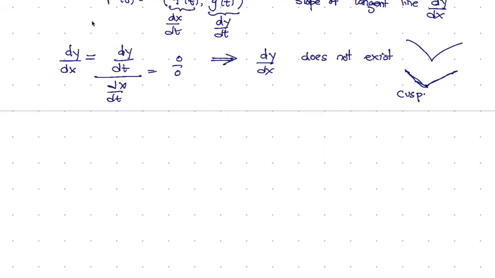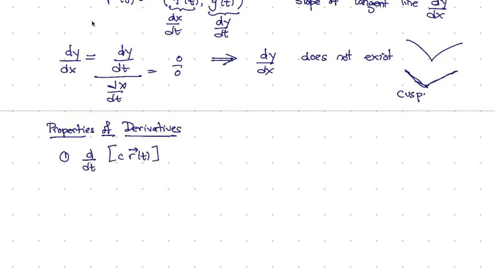We have a few rules for differentiation, so properties of derivatives. Most of these are extraordinarily intuitive to you, although they can be proved. If I were to take the derivative of a constant times r of t, of course, you would extract the constant and find the derivative of r of t individually.